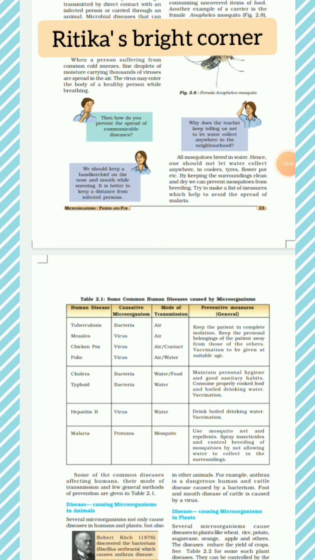Now let us talk about some common diseases affecting humans. Some common diseases, their mode of transmission and a few general methods of prevention are shown in the table here.